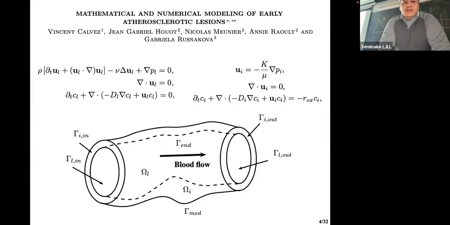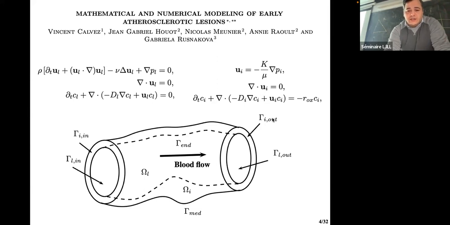Another application that I've done is the numerical simulation of the blood inside an artery. We have here for the lumen the Navier-Stokes equation. For the cholesterol, we have an advection diffusion equation. And in the intima, we have a Darcy equation, and for the cholesterol.